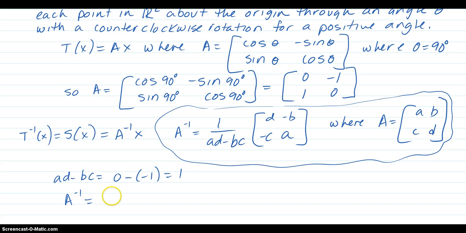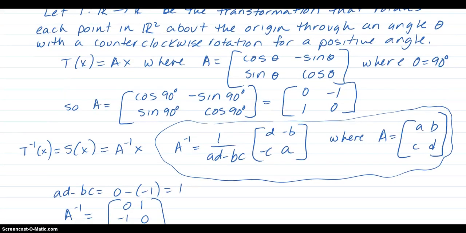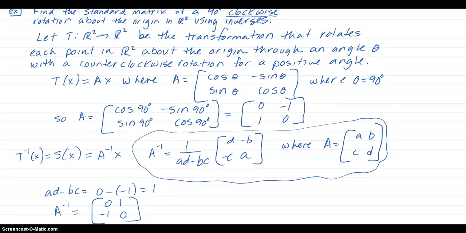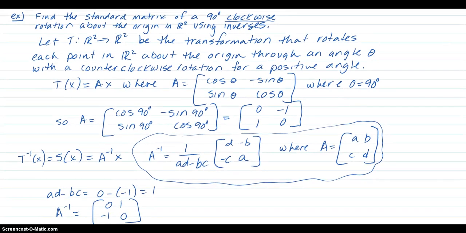And so A inverse is just 1 times, and then we're going to switch these, so they're both 0, and we're going to make these negative, and that should be the answer. Let's make this a little smaller so we can see it. We found the standard matrix.